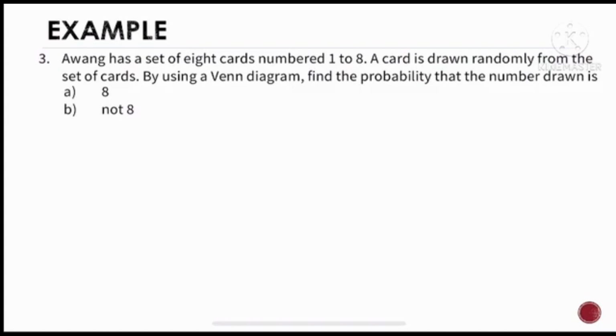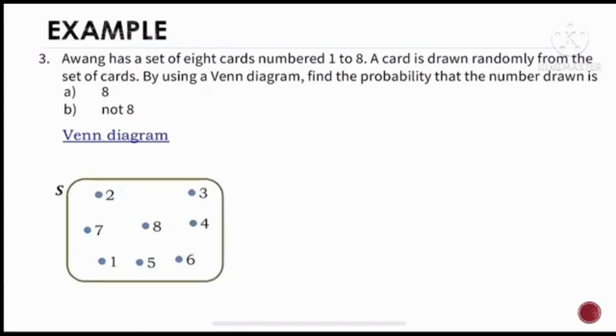Example 3 is Awang has a set of 8 cards numbered 1 to 8. A card is drawn randomly from the set of cards. By using a Venn diagram, find the probability that the number drawn is 8 for question A and not 8 for question B. So we draw the Venn diagram first. The sample space is number 1 to 8, where each dot represents the card's number. Let A be the event that the number drawn is 8. Thus, event A only has number 8.